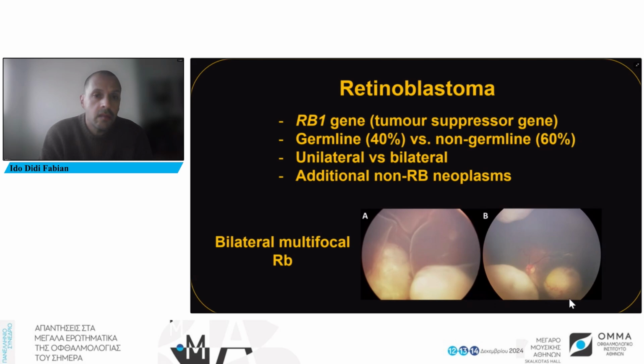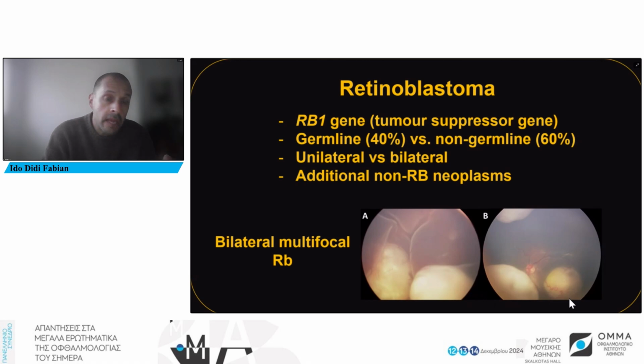And the second hit occurs, very often in a cone photoreceptor in the retina in the eye, and then the disease develops. So these children are born predisposed to develop clinical retinoblastoma because they're already halfway. These children are also at an increased risk to develop additional non-retinoblastoma tumors later in life, usually in the second decade and later on.